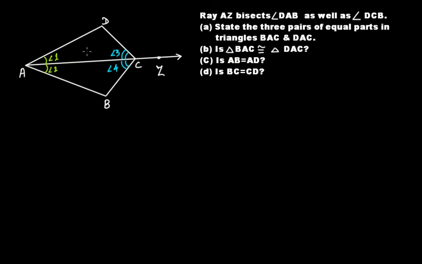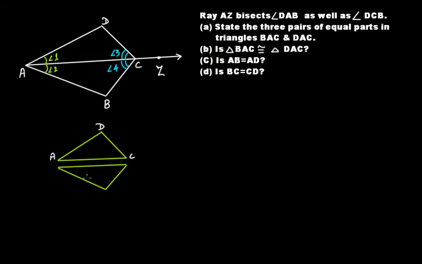So you can think of this figure as something like this. Quickly draw it like this. You can think of it like this. I have separated these two triangles for your convenience to understand it properly.